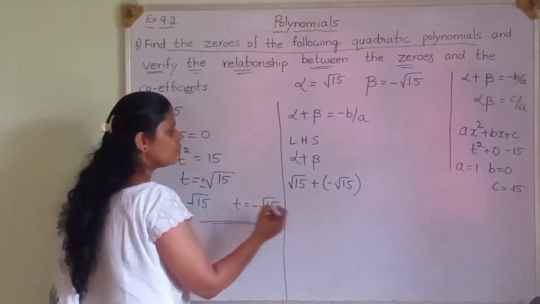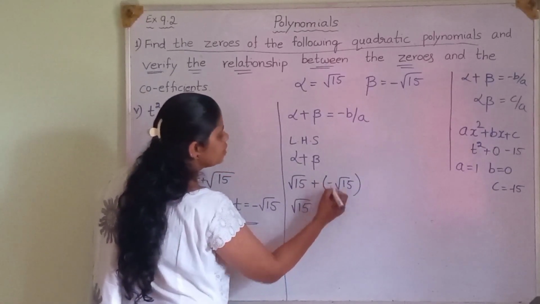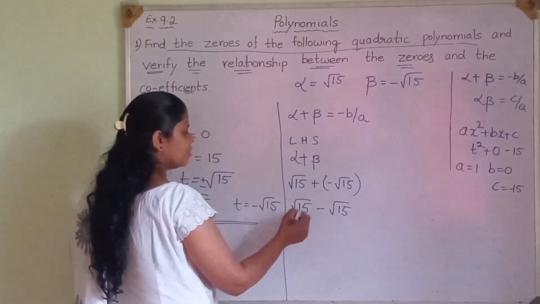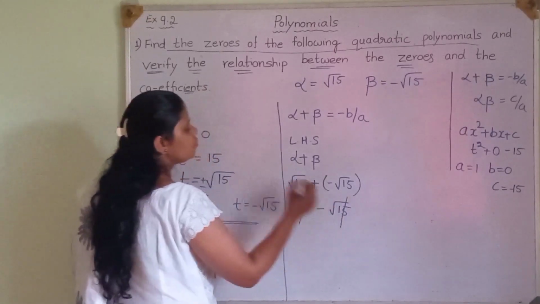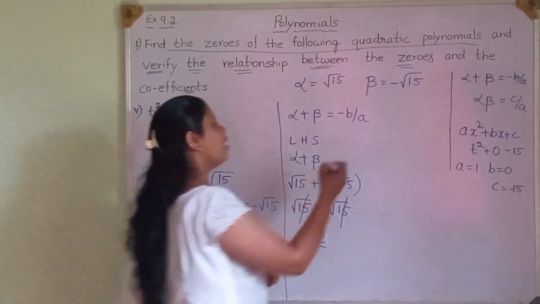Now look at this carefully. Plus root 15 and minus root 15 will get cancelled. Answer is 0.